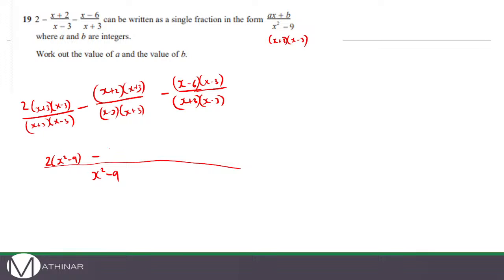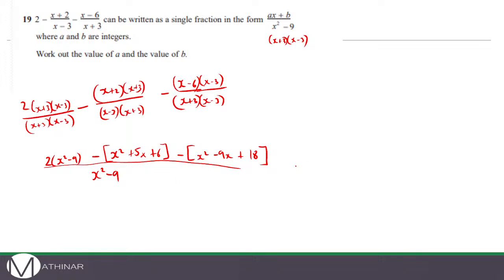Minus, and then I'm going to multiply this out, but leave it in a square bracket. So if I multiply this out, I get x squared plus 2x plus 3x, that's plus 5x plus 6. Minus, and then we have an x squared minus 6x minus 3x is minus 9x plus 18.